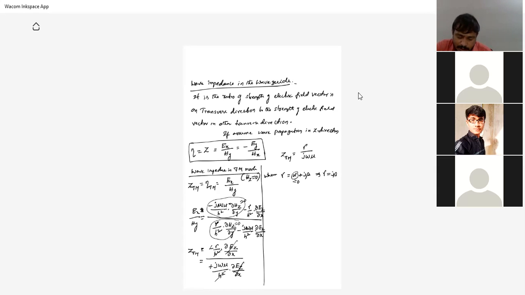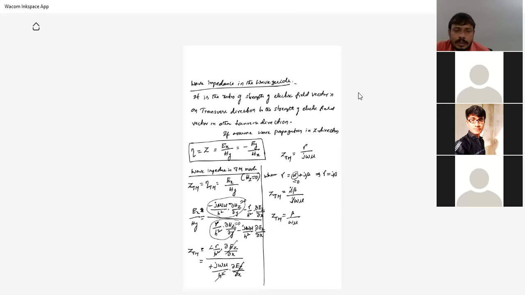Now substitute in the above equation. ZTM is equal to, in the place of gamma, I am writing j beta by j omega mu. So the j's get cancelled. Now ZTM is equal to beta by omega mu.